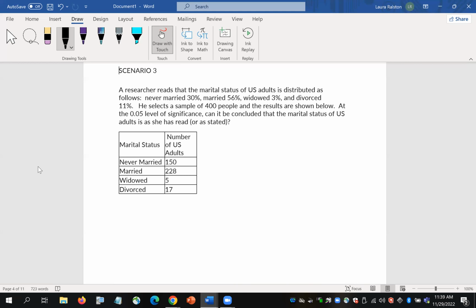Okay, so again, you have to try to determine what scenario you have here. One of the first things I notice is that it's talking about marital status, which involves words, which means I'm dealing with qualitative data. There's only a few tests that deal with qualitative data.